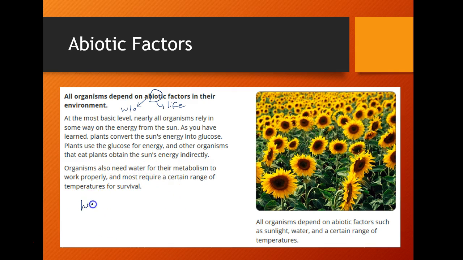We can have things like heat or sunlight, water, oxygen, rocks, etc. These are all abiotic factors, things that are non-living but are present in an ecosystem.